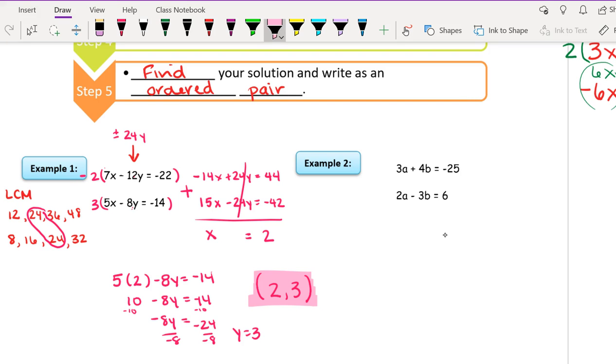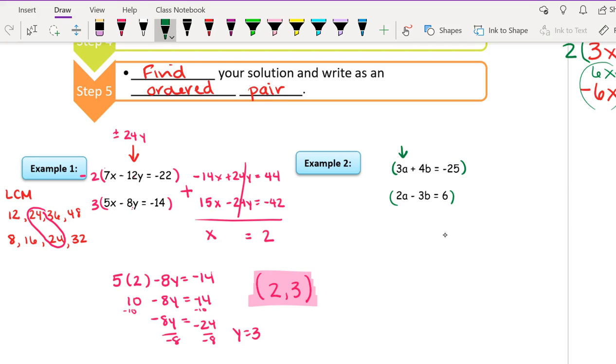Okay, so if I look at the next example, 2 and 3 are pretty easy. 2 doesn't multiply to give 3, and 3 doesn't multiply to get 2. 3 doesn't multiply to get 4, and 4 doesn't multiply to get 3. So I'm going to have to multiply both of these equations. You have to decide what you want to eliminate. Let's suppose I want to eliminate a.